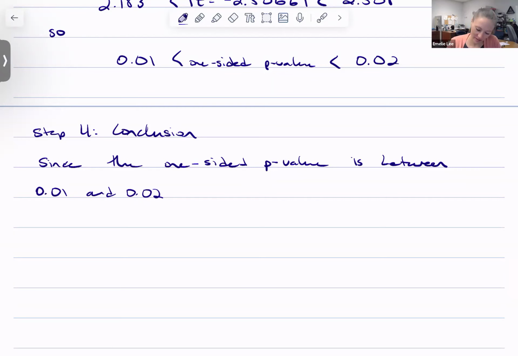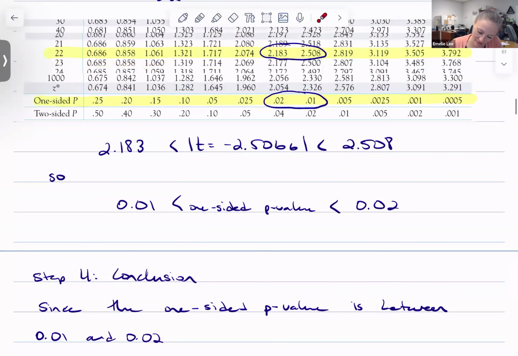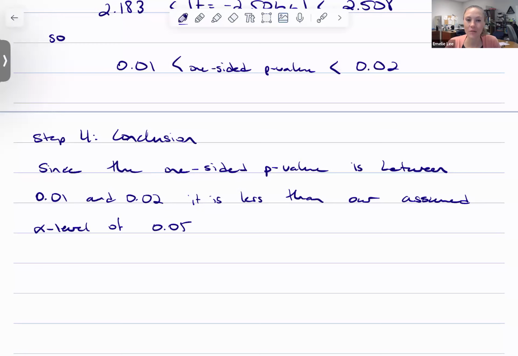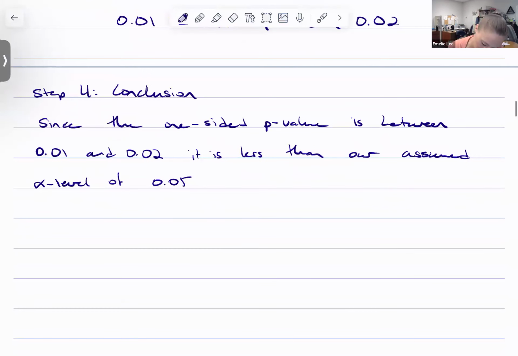But you can also, as a guide, say, well, 0.05 is here and I'm further out into the tail, so it's less than 0.05. That's an alternative way of looking at it. And so it is less than our assumed alpha level of 0.05, which means we have enough evidence to reject H naught.